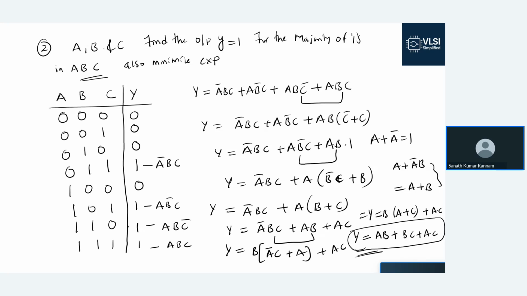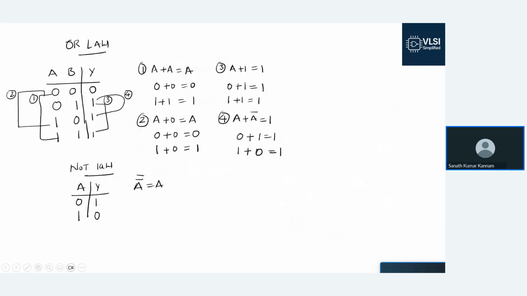So this is like a 2-out-of-3 logic, no? At least a majority of ones are 1 means we get output 1, otherwise output 0. This is about Boolean algebra, and we already saw the Boolean laws.